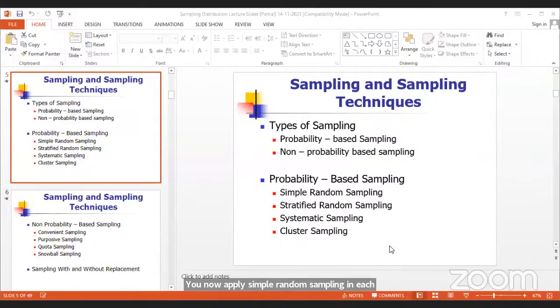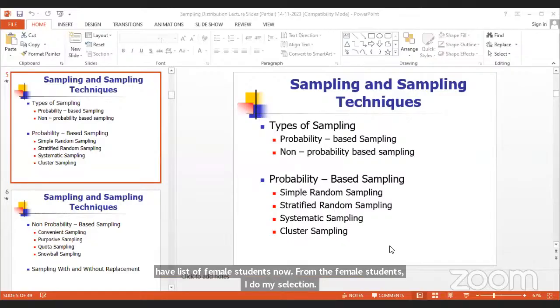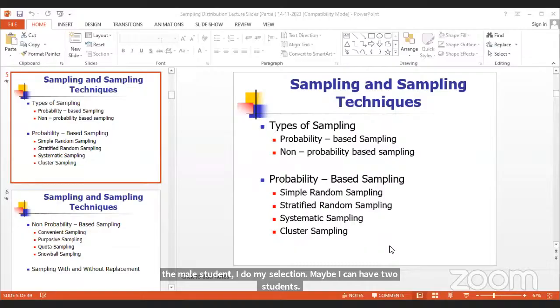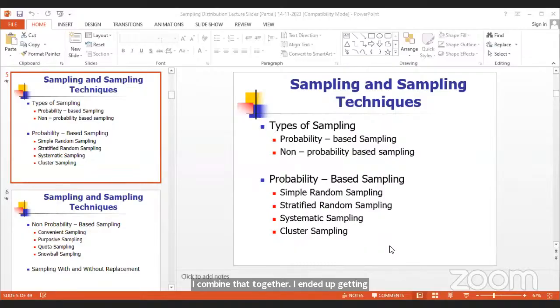So I have a list of female students now. From the female students, I do my selection. I can have maybe 3 students. From the male students, I do my selection. Maybe I can have 2 students. I combine them together, I end up getting the 5 that I'm interested in. If I had selected the 5 based on simple random, I might end up getting only male or only female.